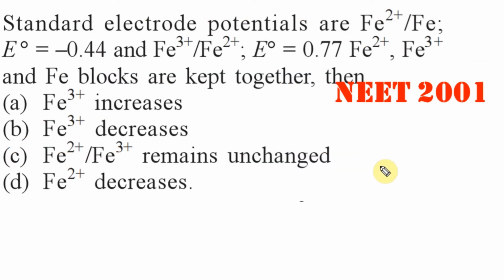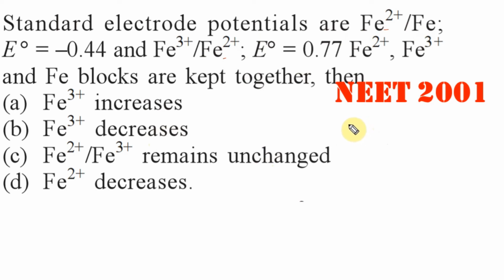There's a NEET 2001 question that we can solve. Standard electrode potentials for the Fe2+/Fe half cell are given, and another half cell is given. So they're telling you three different things, species are given. There is one species here which is the same here, this here, this here. Now there are two ways to do it. One is you can guess looking at it, or you can write the reactions.